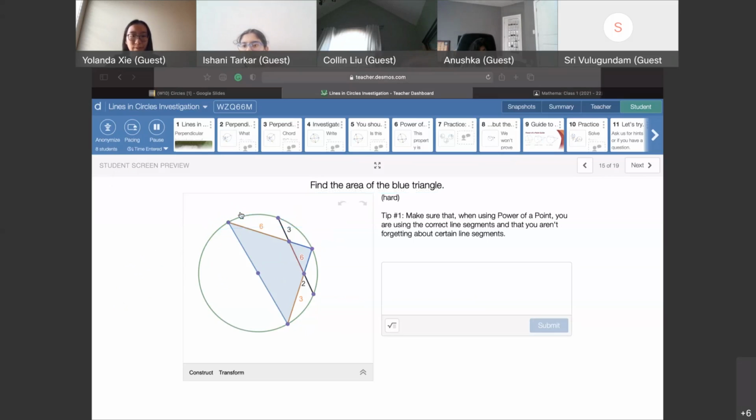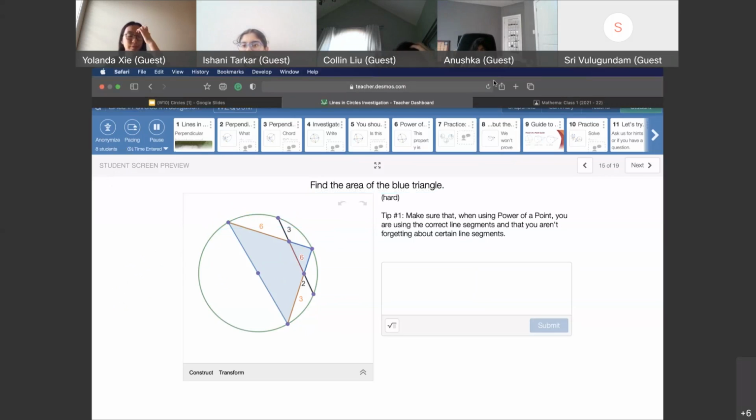Hopefully you saw which parts you should do power of a point with.